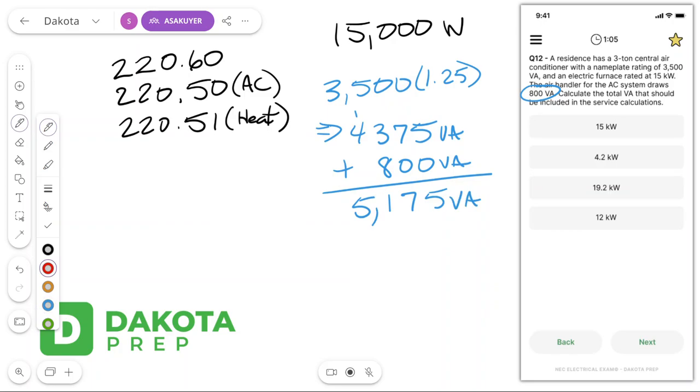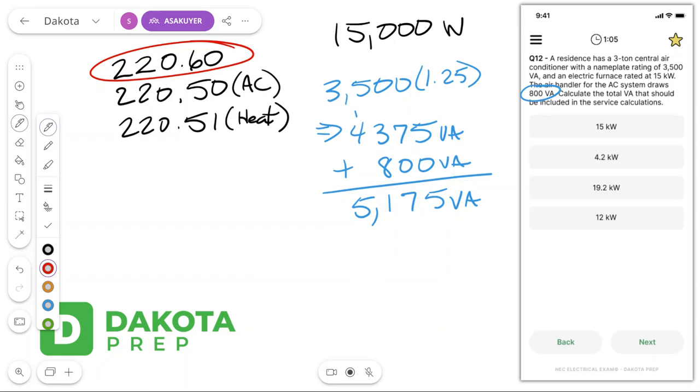Okay, now is where this guy, 220.60, comes into play. 220.60 says, hey, your air conditioning and your heat are unlikely to be used at the same time unless you're a crazy person and you don't have a thermostat. It's that word "unlikely" that's helpful here. Hey, they're not likely to be used at the same time, right?